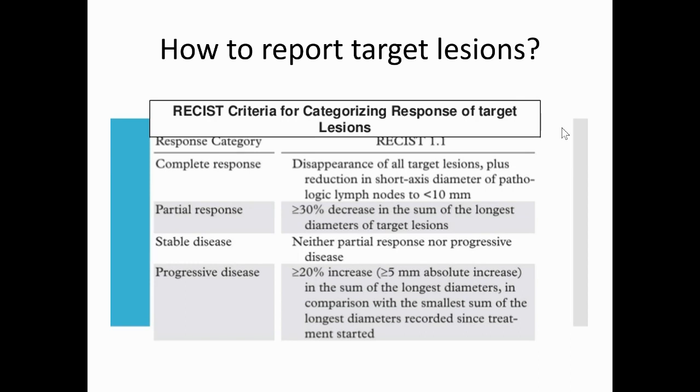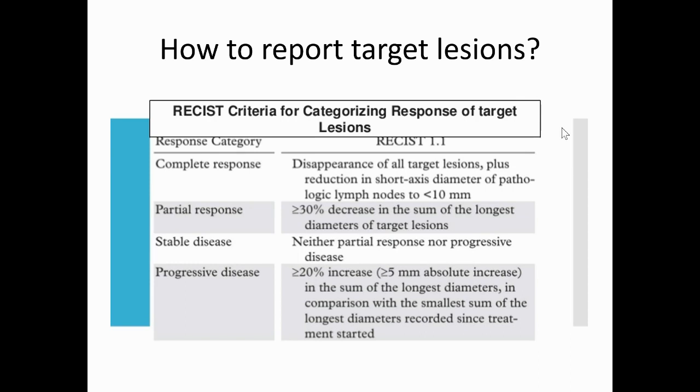And then the patient receives some form of chemo or radiotherapy, whatnot, and then another CT is performed. Then you go back to the original study and you compare how much each of those lesions have changed.